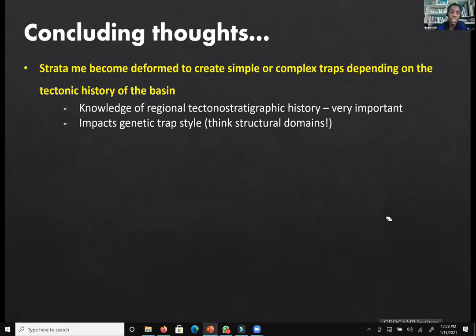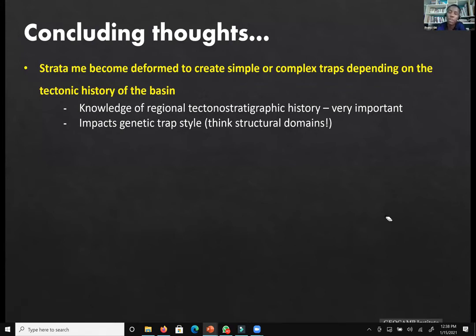If I know what is known about this area in terms of the tectonostratigraphic history, I already have an idea of what to expect, and I can also, in the genetic sense, know where the different trap styles will be. If you think of it in terms of structural domains, I know where to find traps that are very big or traps that are very small.